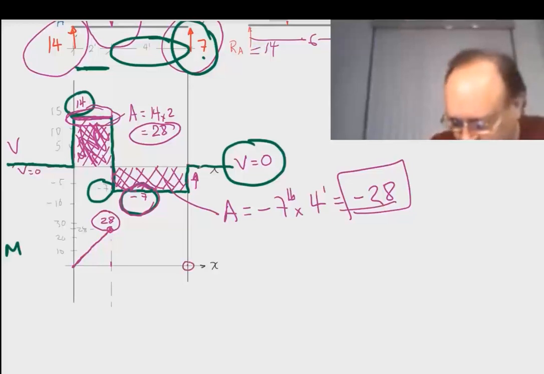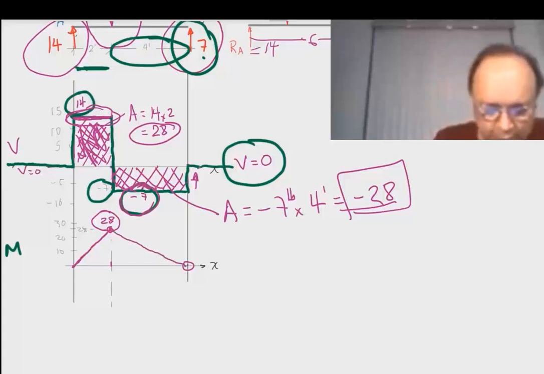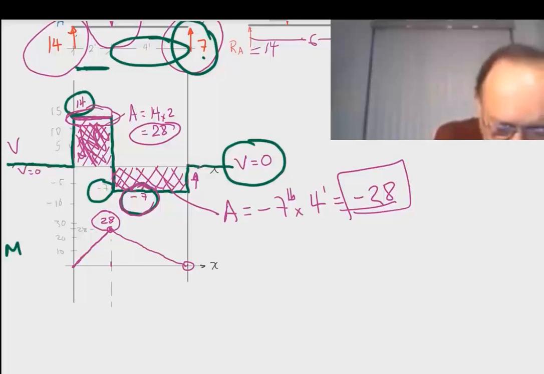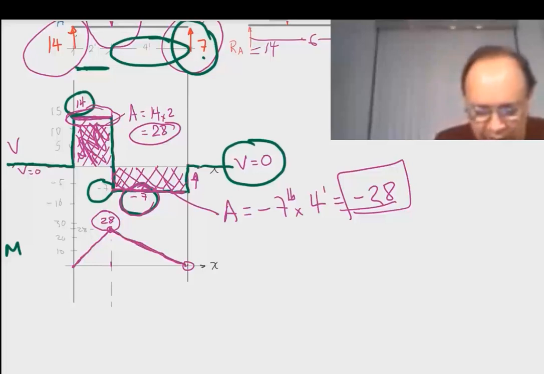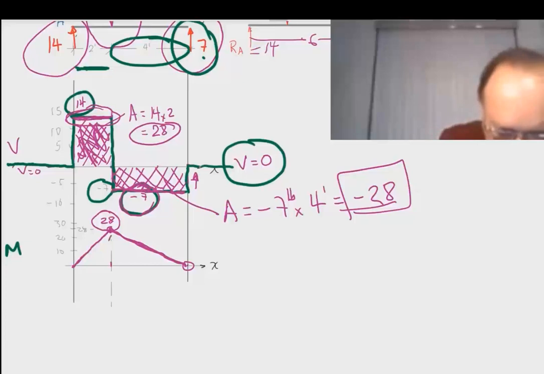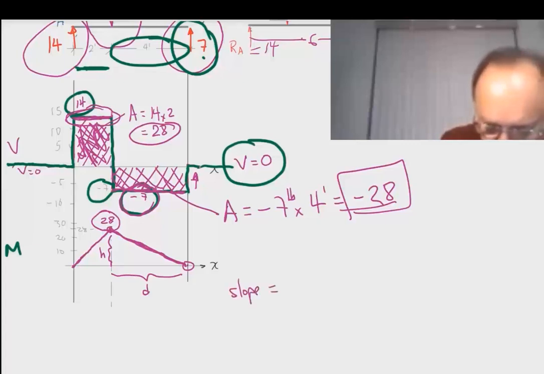And it's going to be a straight line because the shear diagram has constant value along all this length here, -7. So the slope of this line is -7. If you want to calculate the slope of a line, how do you do it? You get the total height over the total horizontal distance, so the slope is height over horizontal.